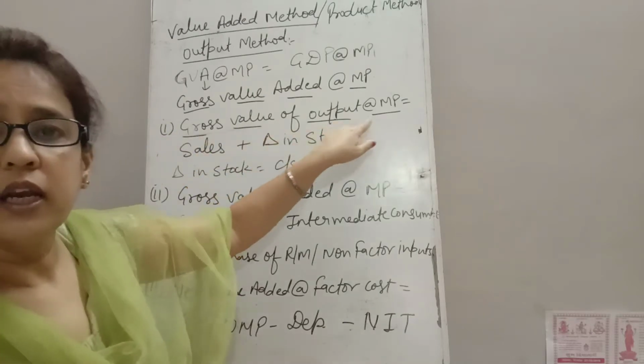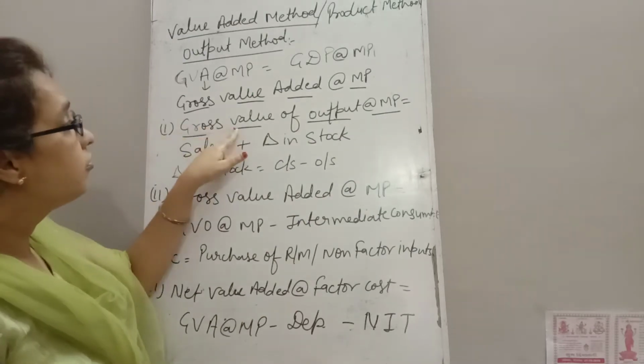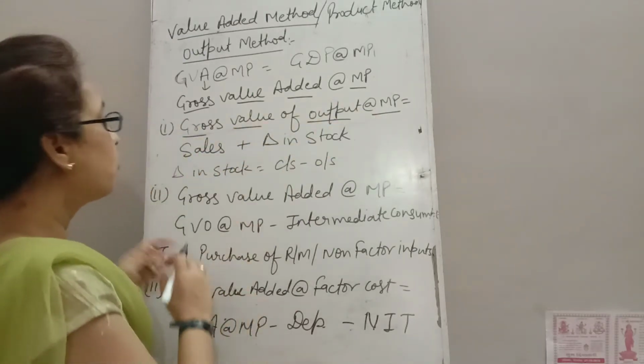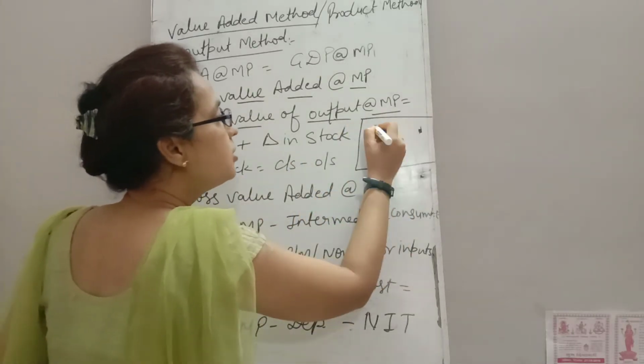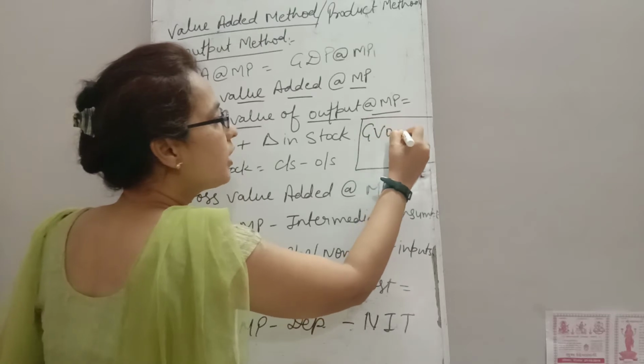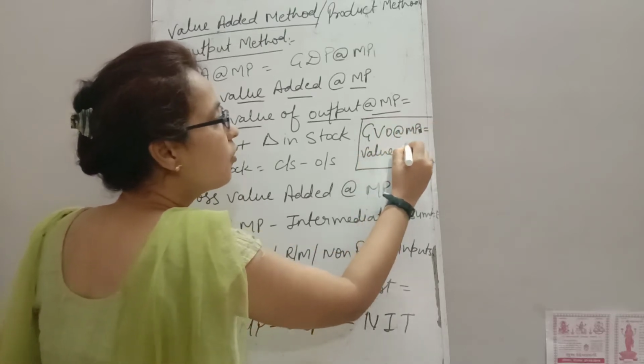The short form of it is GVO at MP. I am writing it here: GVO at MP. It is also known as value of output.